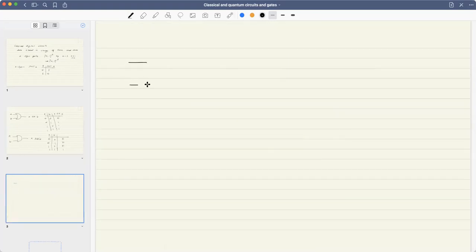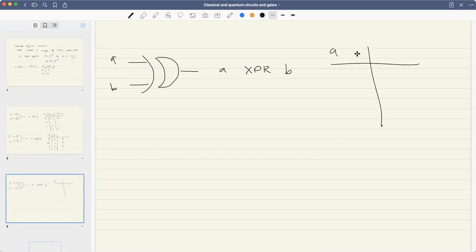So the way it works is, again, you have 2 coming in, 1 going out: A, B, A XOR B. Now, the truth table here is we get 1 if we have 0,1 and 1,0, and we get 0 when they're the same. For 0,0 and 1,1, we get 0.